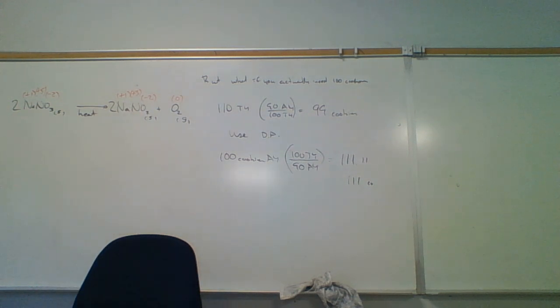You see that? So this is a case where the oxidizing agent is the nitrogen in nitrate and the reducing agent is the oxygen in nitrate. The only way that's going to happen is if it gets very hot, violent. Does that make sense? So this is a redox decomposition reaction.